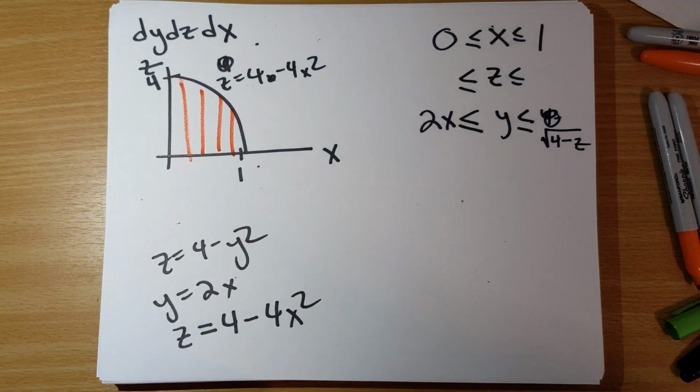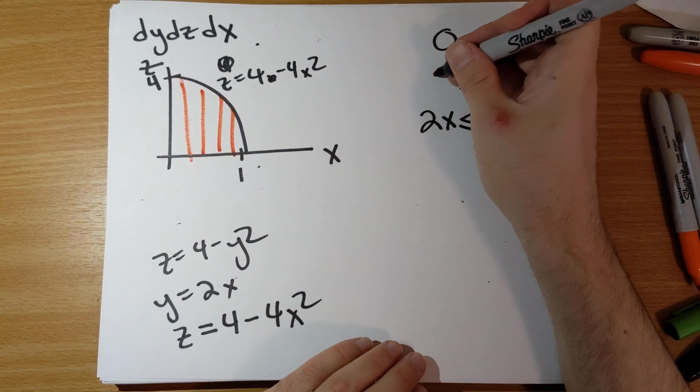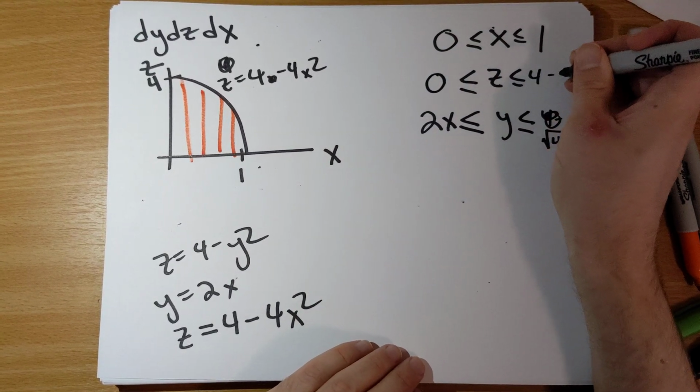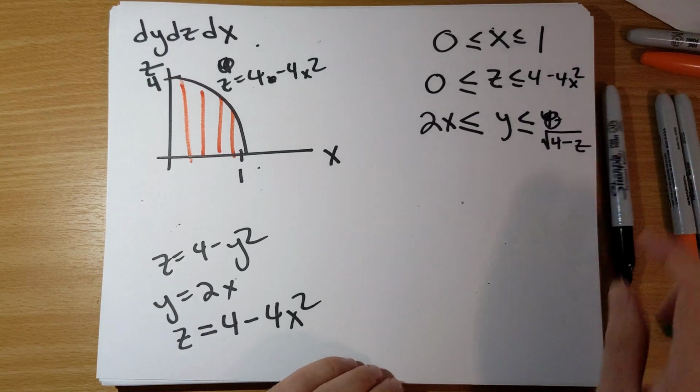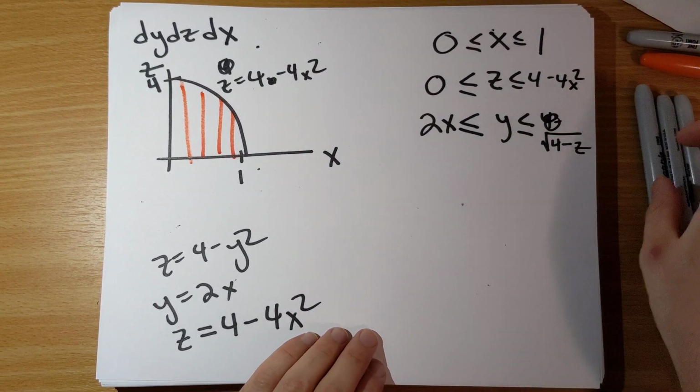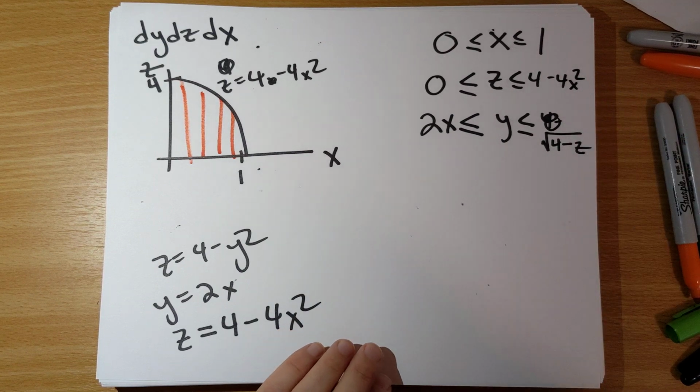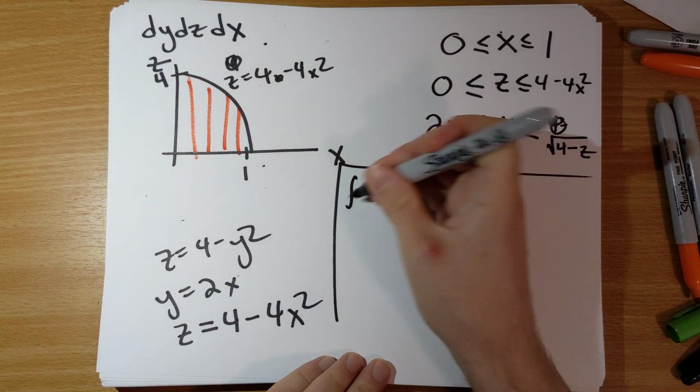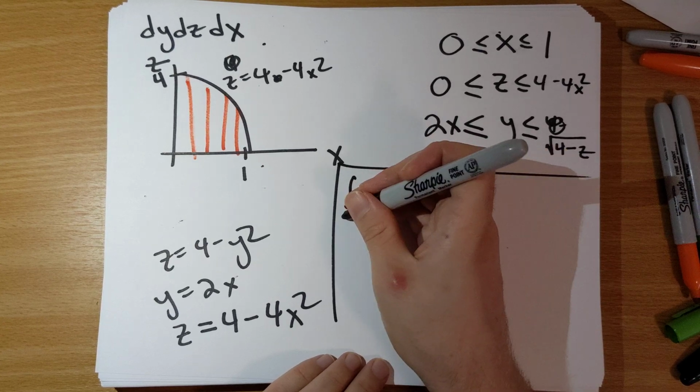Okay, so z here runs from 0 to 4 minus 4x squared. So we have our bounds here.